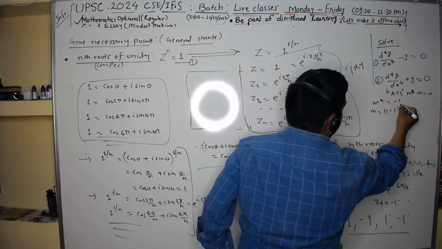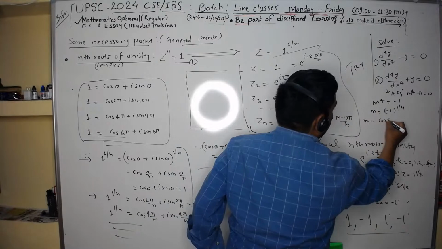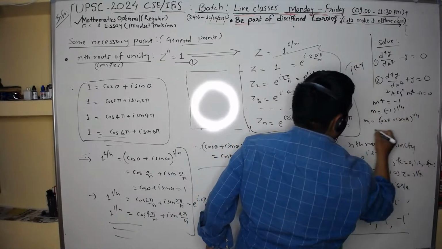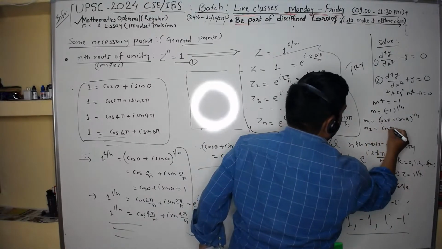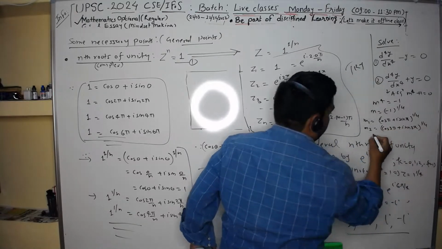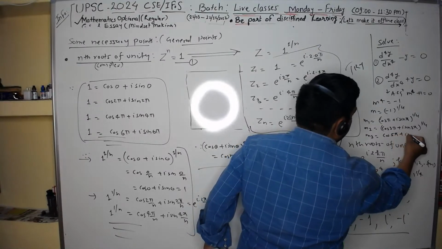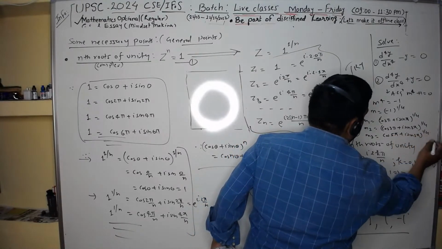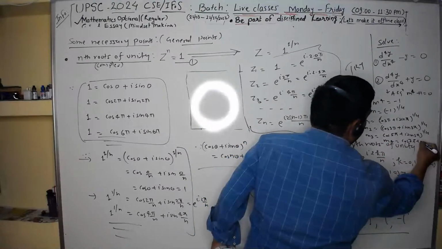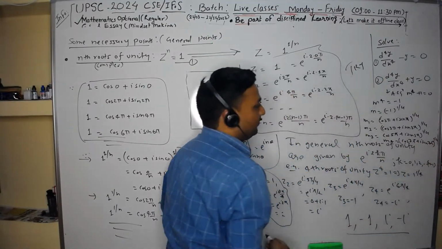So how will m1 be written? cos pi plus iota sin pi, power 1/4. m2: cos 3 pi plus iota sin 3 pi, power 1/4. m3 will be cos 5 pi plus iota sin 5 pi, and m4 will be cos 7 pi plus iota sin 7 pi, power 1/4.